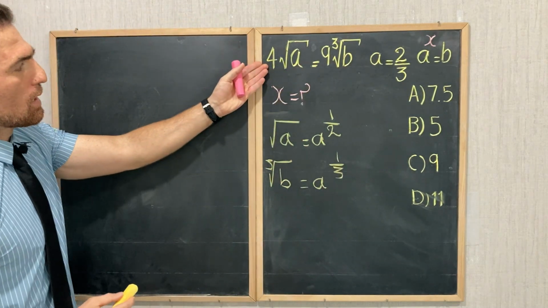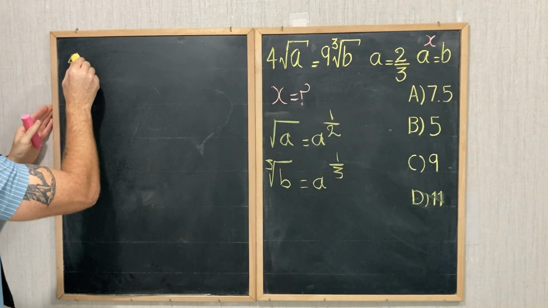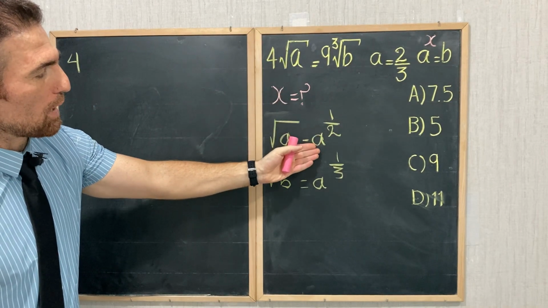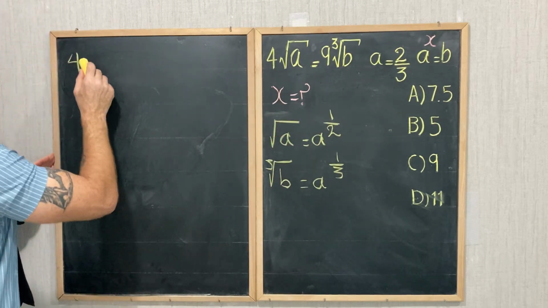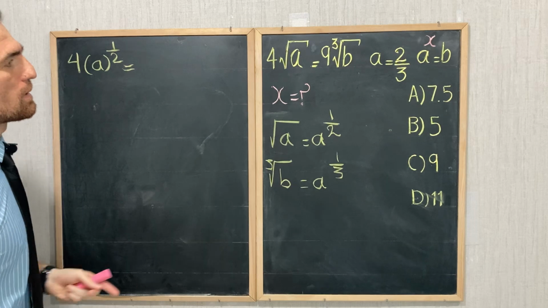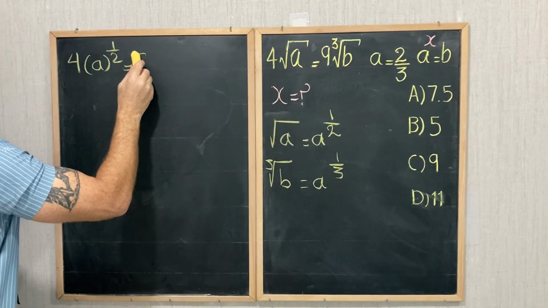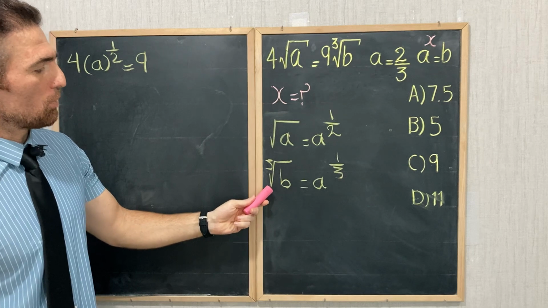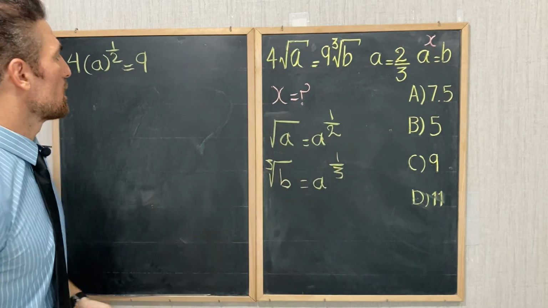The question says 4 times square root of a, or a to the power of 1 over 2, equals 9 times cube root of b, or b to the power of 1 over 3.